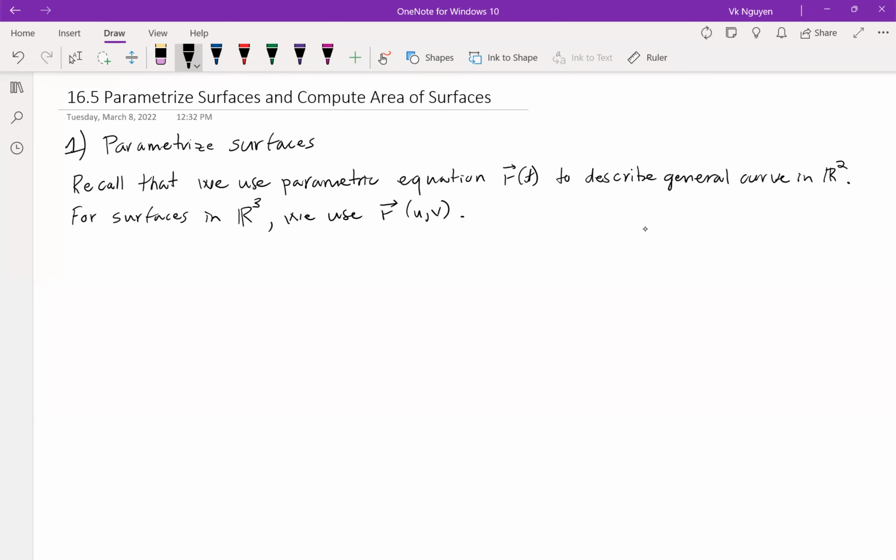Okay, so a vector function of two parameters.